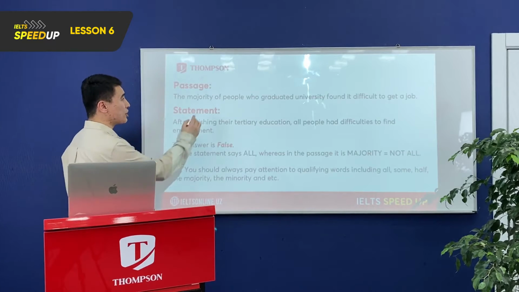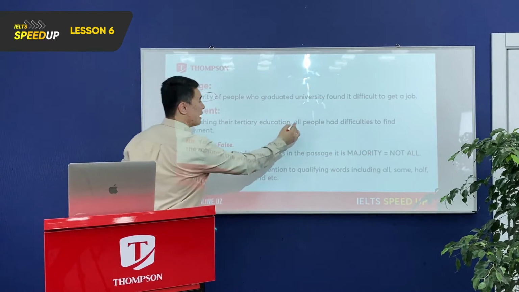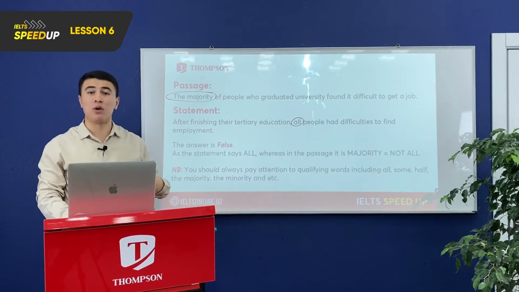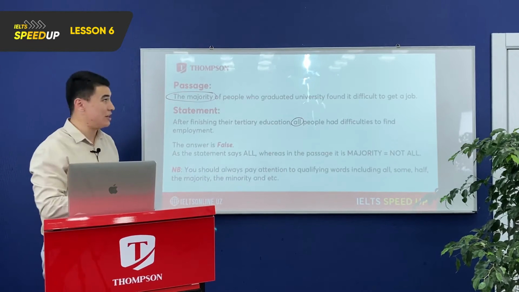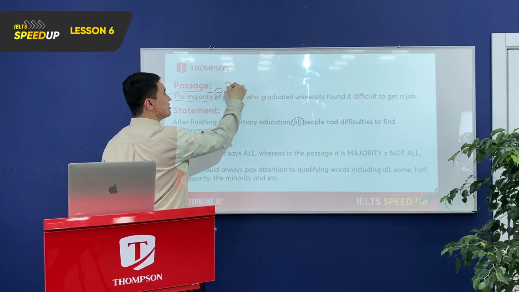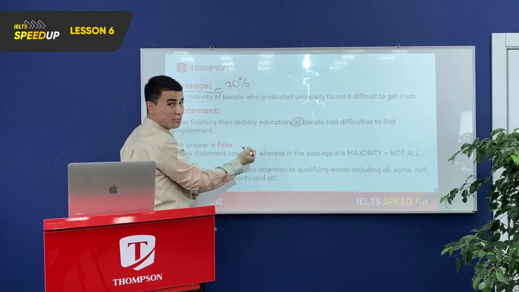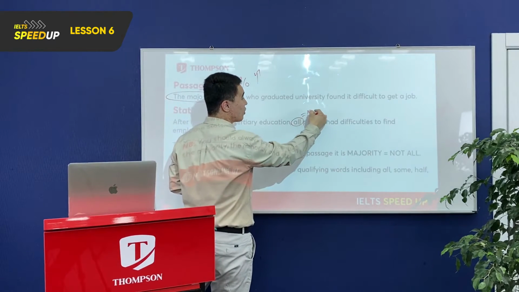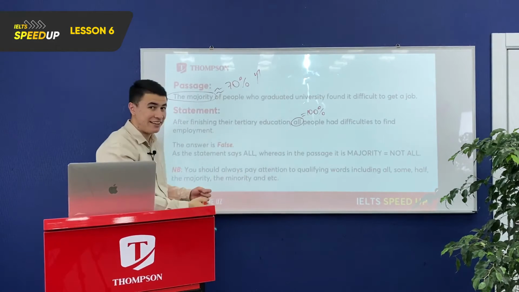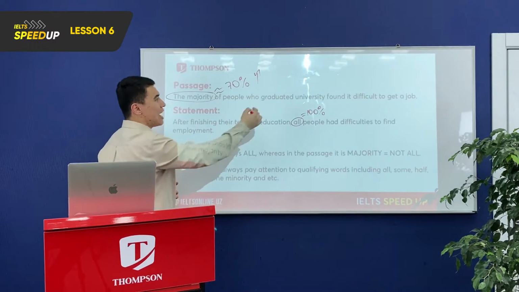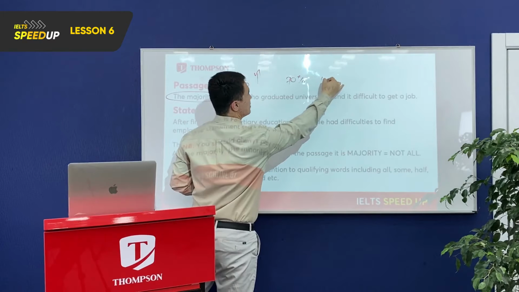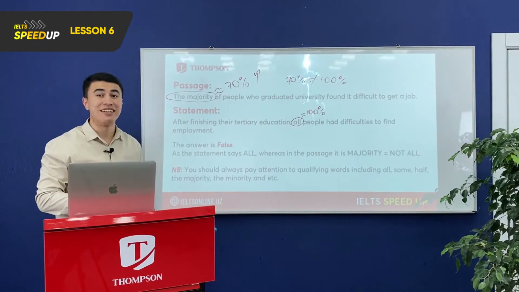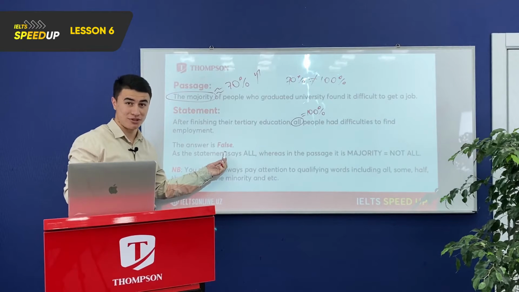Now we should focus on the words the majority and all. These words are called qualifying words, and as you probably know, the majority means approximately 70% or higher, whereas all stands for 100%, and logically 70% and 100% are not equivalent, so the answer is false.